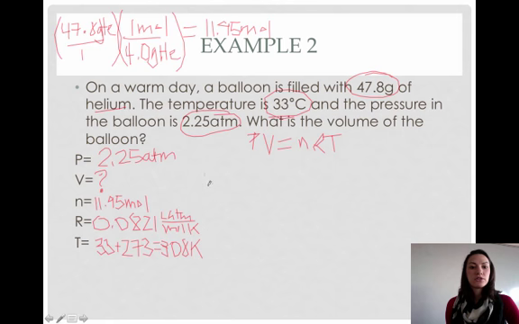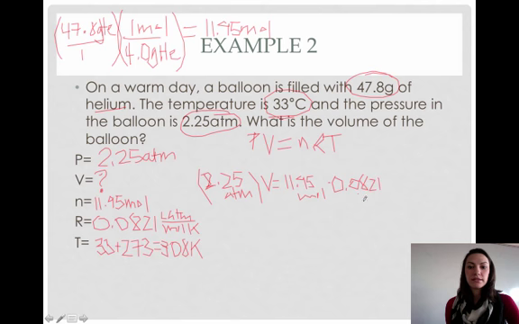All right, so let's do my pressure. I've got 2.25 atm times my volume V, that's what I'm looking for, equals my number of moles, which is 11.95 moles, times my R value, which is 0.0821.